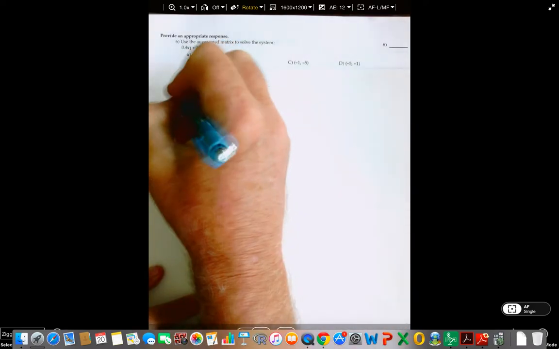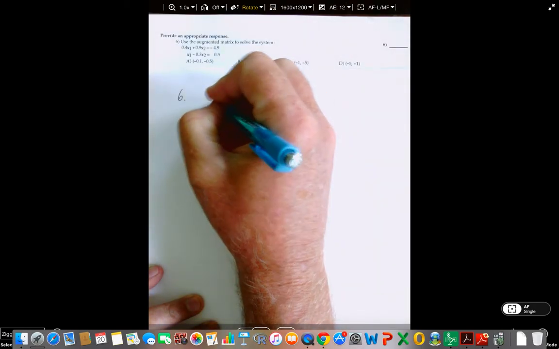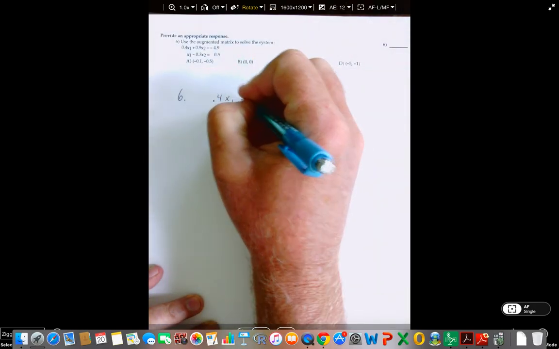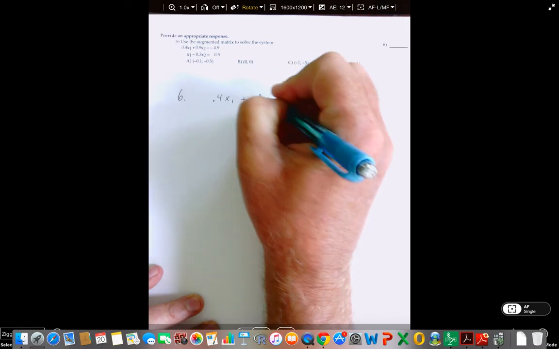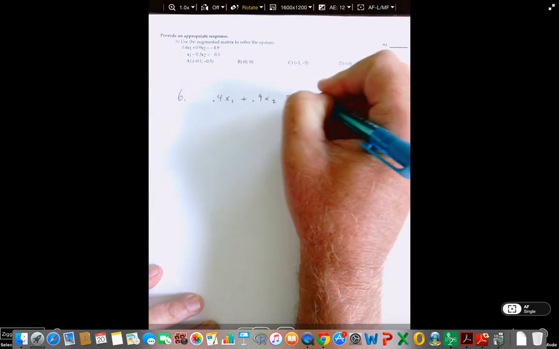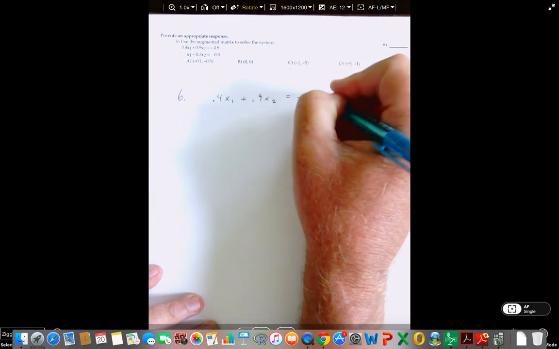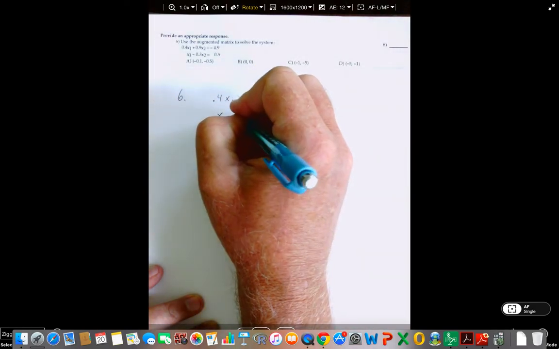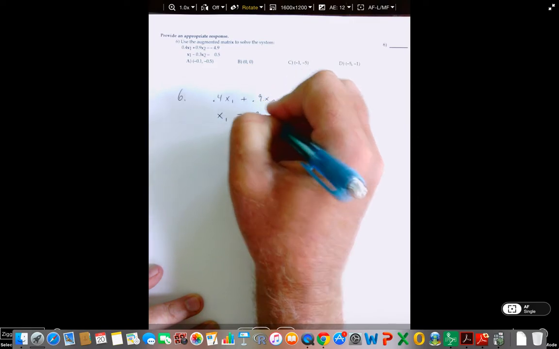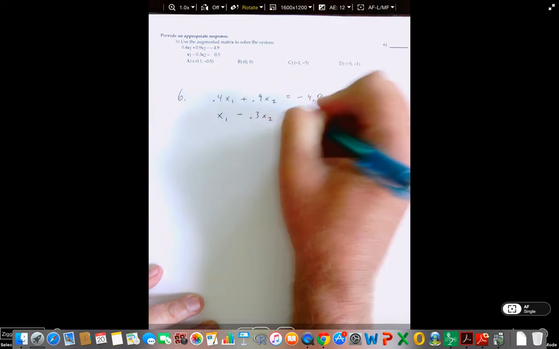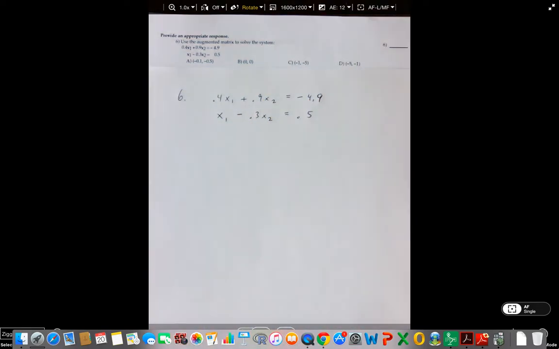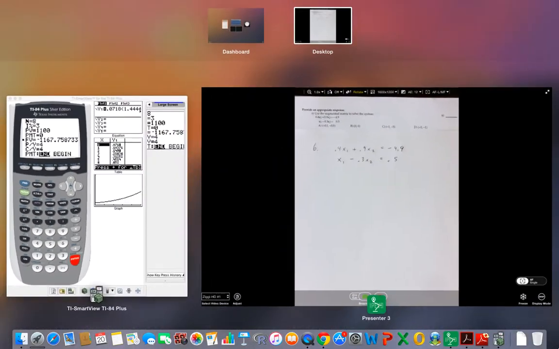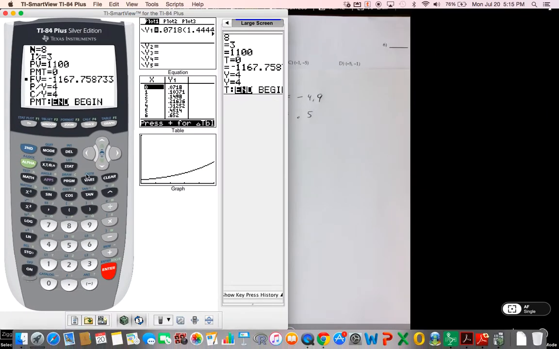So guys, for number 6, what we're doing here is 0.4x1 plus 0.9x2 equals negative 4.9. And then we have x1 minus 0.3x2 equals 0.5. Guys, I'm going to use augmented matrices to solve this. And I hope at this stage of the game that's what you would think as well.